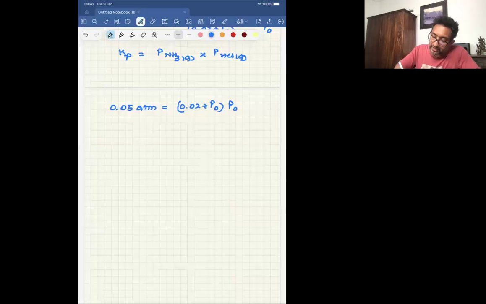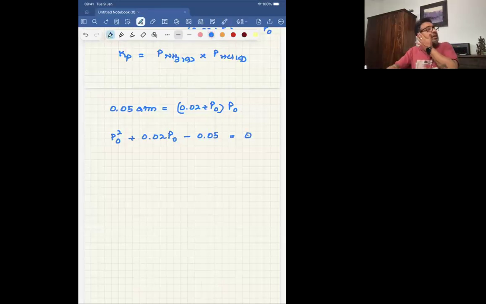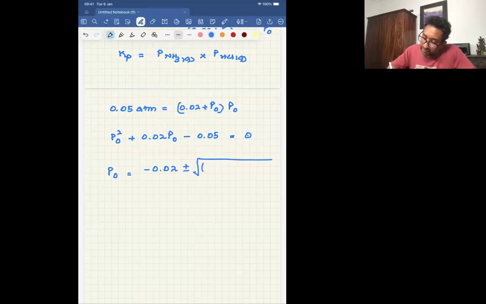You solve the quadratic equation: P naught squared plus 0.02 P naught minus 0.05 atm is equal to 0. You have to understand that you get the pressure in atm. So P naught is equal to minus B, minus 0.02, plus or minus square root of B squared, 0.02 squared, minus 4AC, 4 times 0.05, divided by 2.